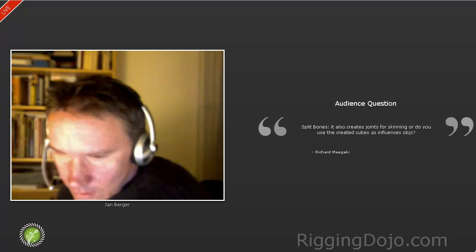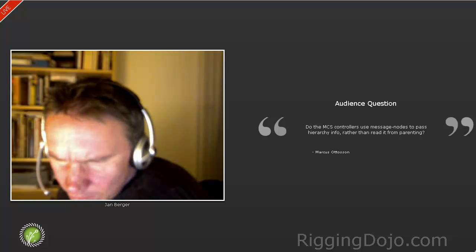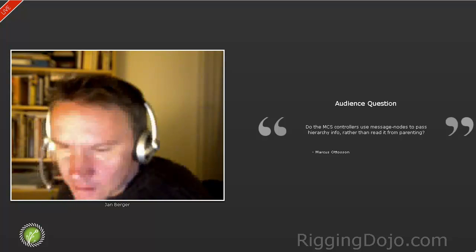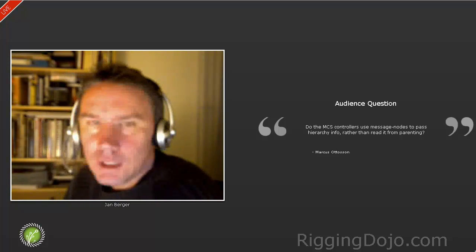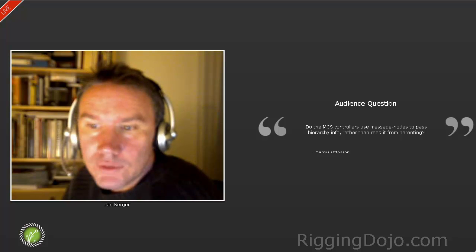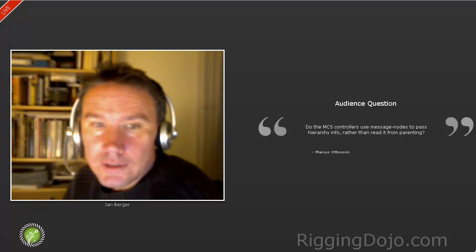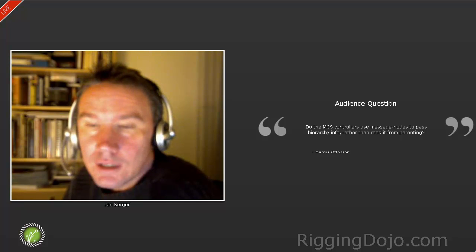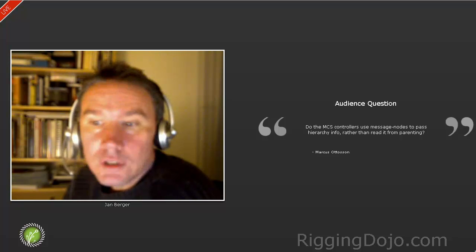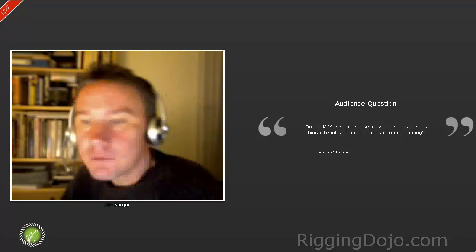And do the MCS controllers use message nodes to pass hierarchy info rather than read it from parenting? Yeah, I use message connections a lot. For example, these mirror definitions that I talked about earlier to identify nodes.